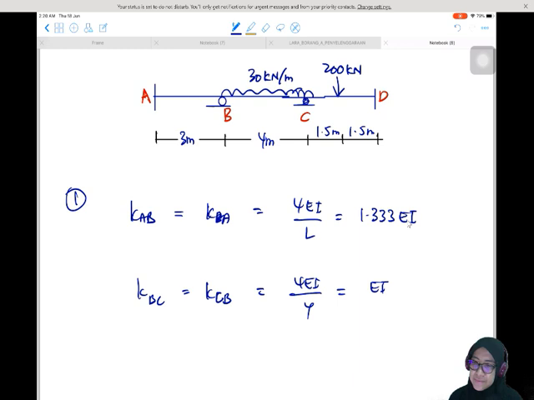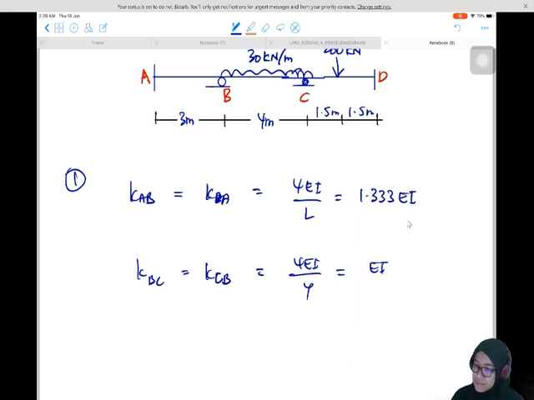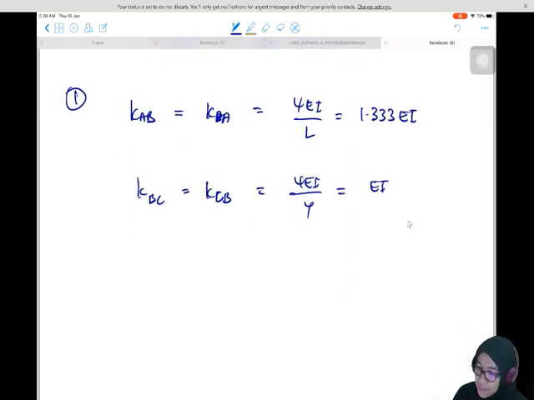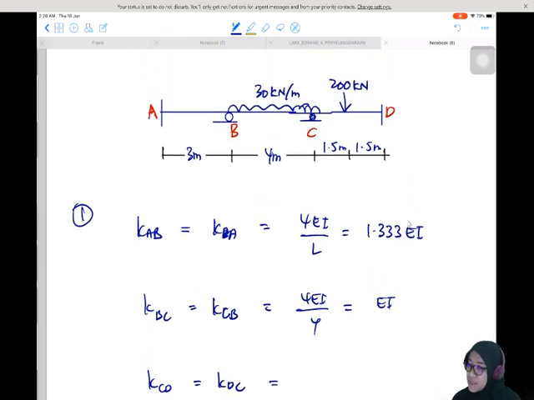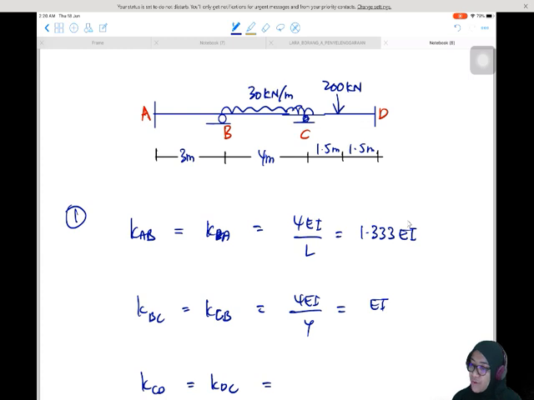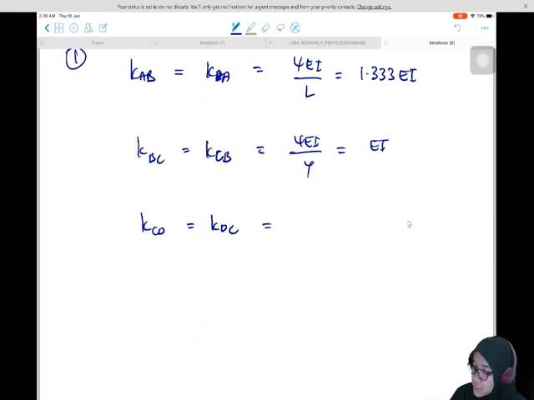Next we will calculate KCD, equal to KDC. Remember that stiffness is for element. This time it is also 4EI over 3, which is 1.333EI.